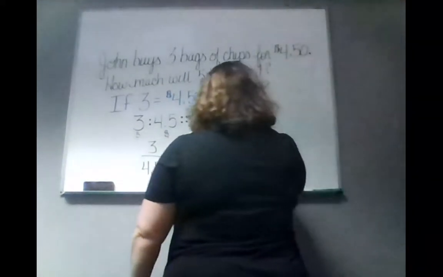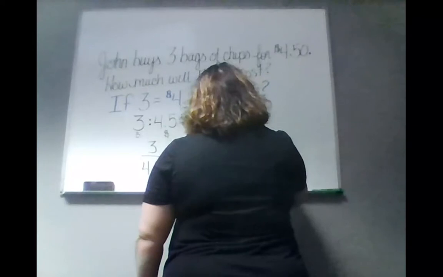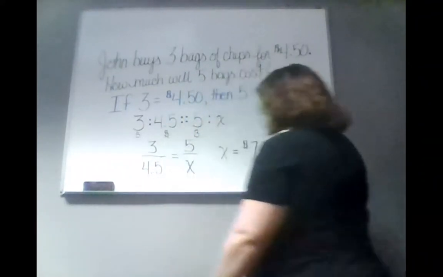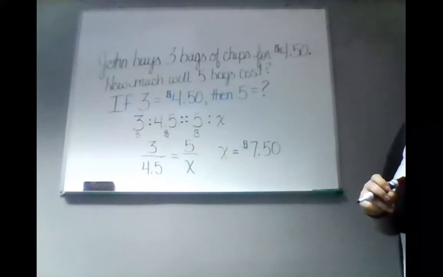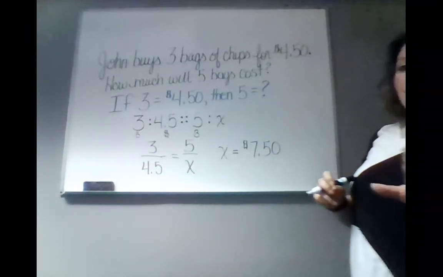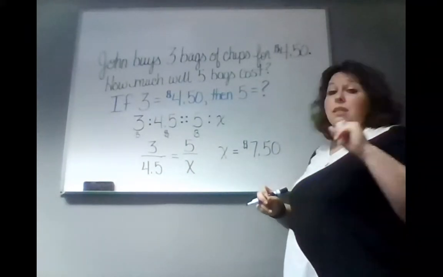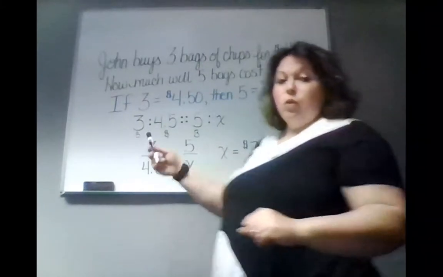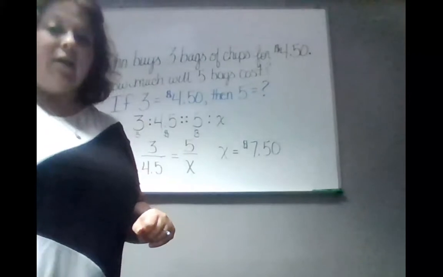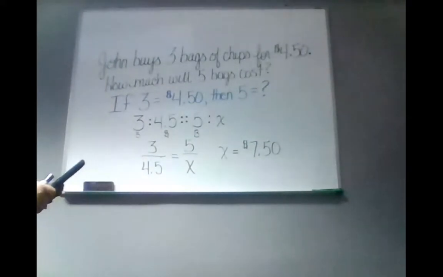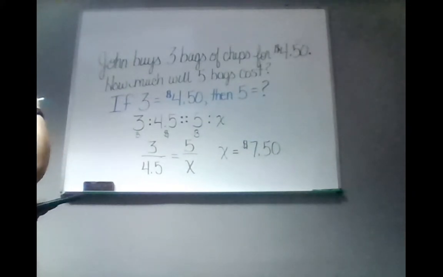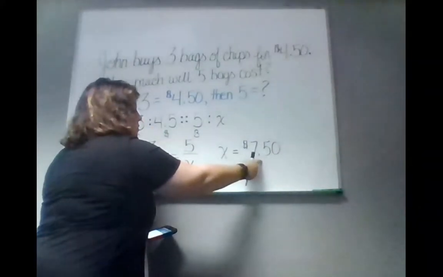Your X, 5 bags of chips, are going to equal $7.50. So if you didn't get that answer, if you did the calculator trick, you're going to do 5 times 4.5 divided by 3. So 5 times 4.5 is 22.5 divided by 3 will give you the 750.